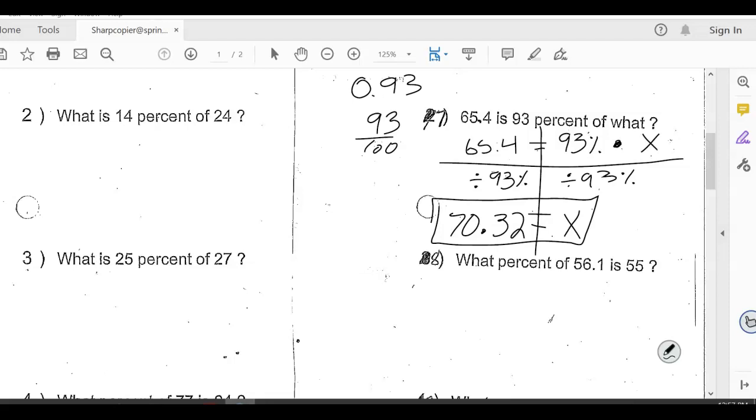Brogan: It would be the whole because it says 65 is 93% of what? Good. Part equals percent times whole. That is our whole. Are we good with that?